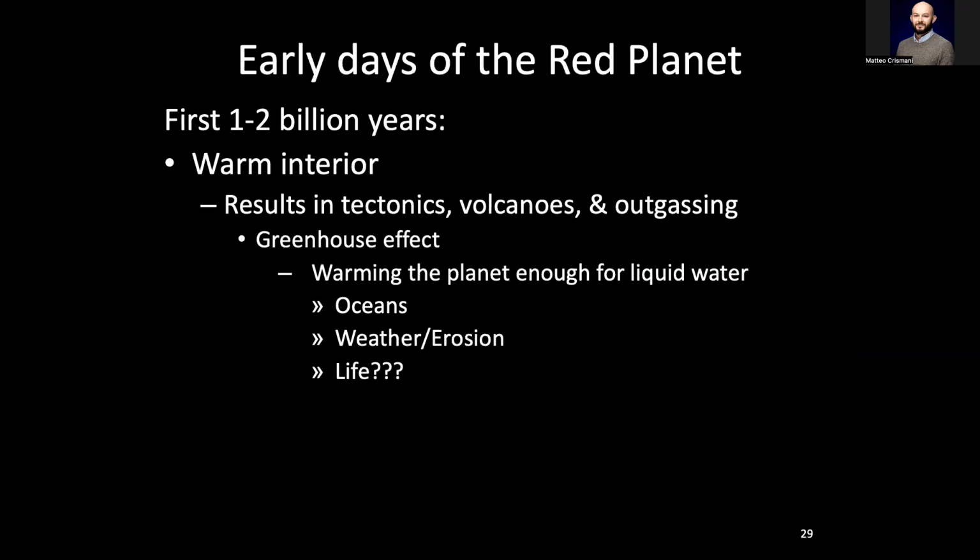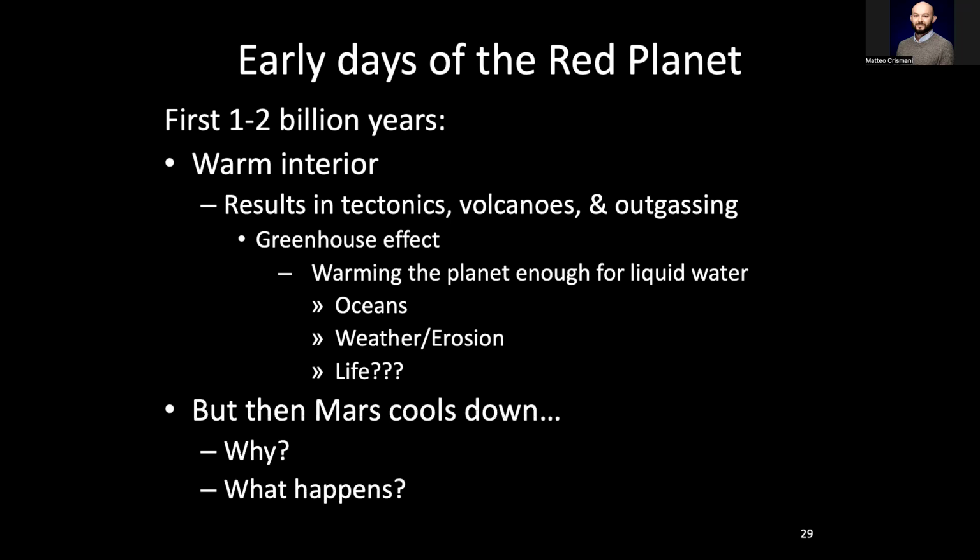And you probably warmed the planet up enough for liquid water. Questions about oceans, questions about life. We're going to avoid some of those right now. We'll come back to them later maybe. But you definitely had erosion. You saw all of this evidence for erosion, right? So you had temperatures and pressures that were enough for water to flow on the surface, right? And then Mars cools down.